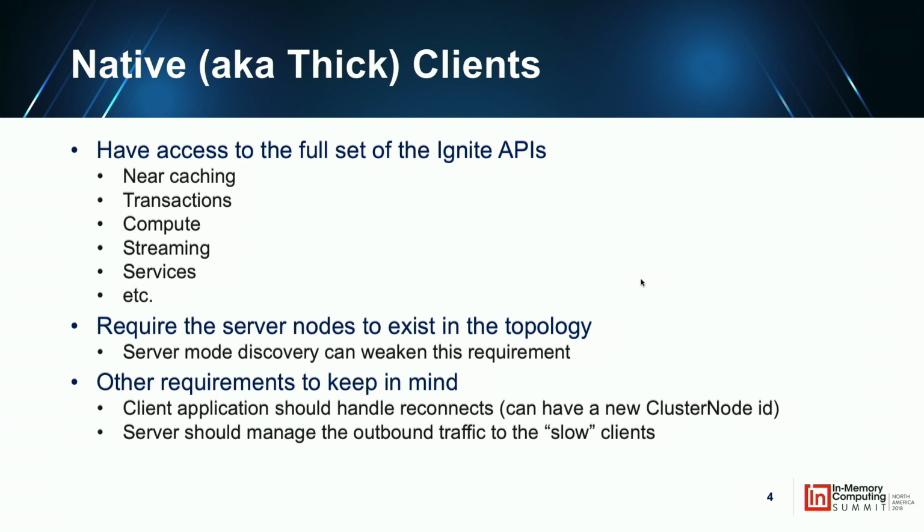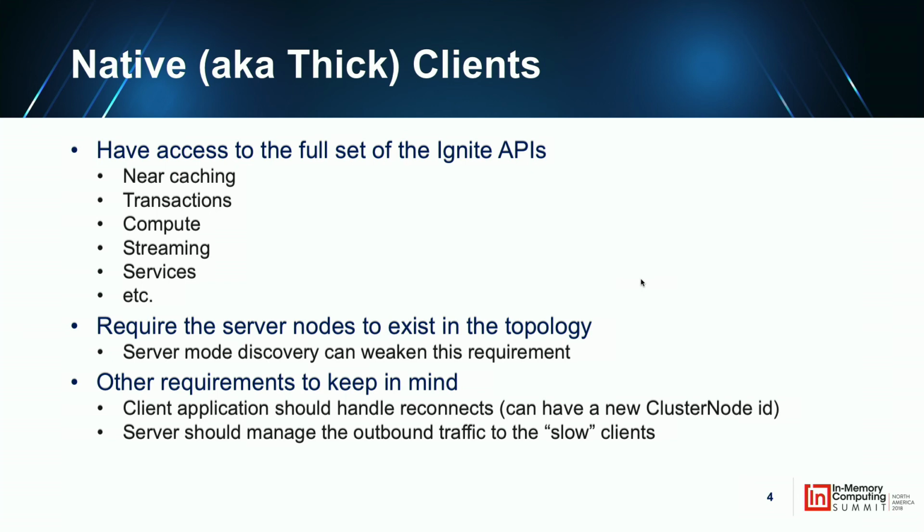There is also a notion of slow nodes or slow clients. The clients are limited, as I mentioned, in computational power and in the network. So not all the messages from server nodes from the main cluster can reach the client nodes on time or at the frequency that the server nodes would like.